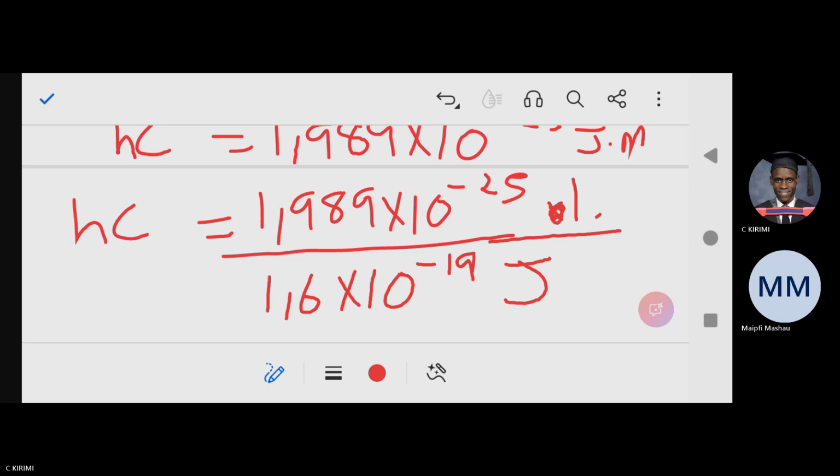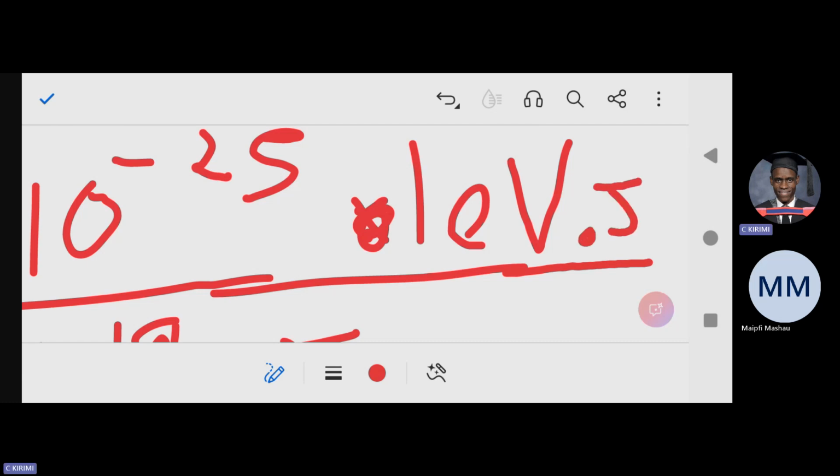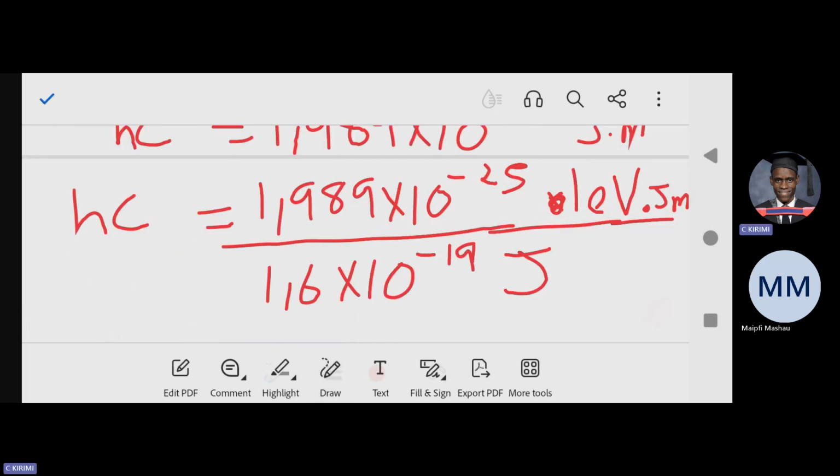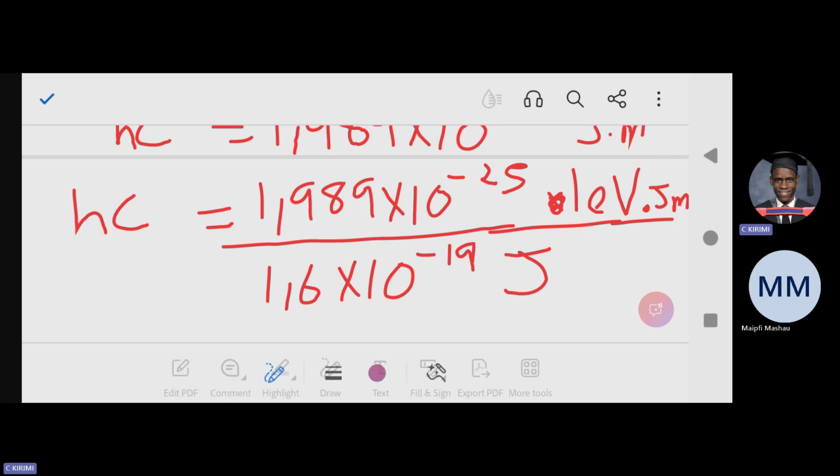Every 1 electron volt is equivalent to 1.6 times 10 to the power negative 19 joules. Don't forget the units already in the numerator, the joules and the meter. The joules and joules cancel, and we are left with the electron volt.